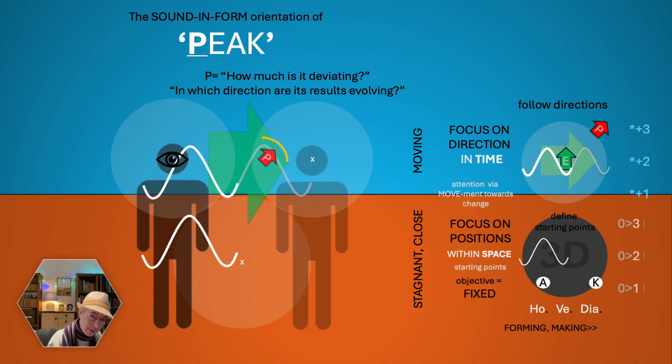Anyway, a very good help is these associations of P, where we're actually going to focus, but how much is it deviating, and in which directions are all the results evolving? So where will be, in the end, our result? That kind of mindset is expressed with the letter P always.